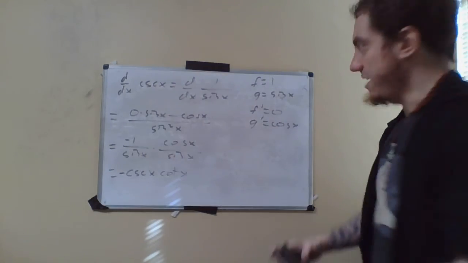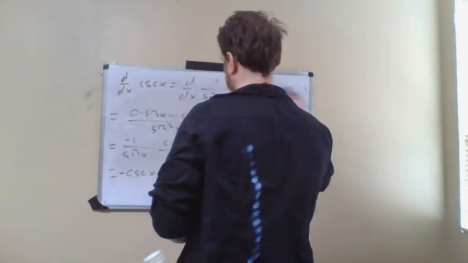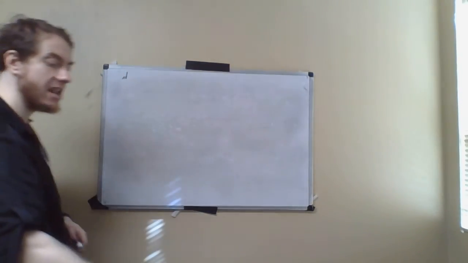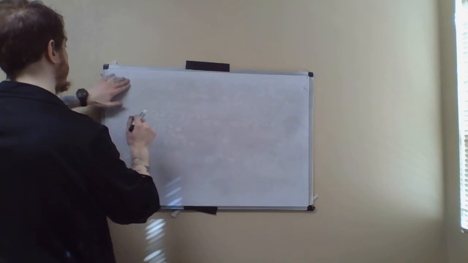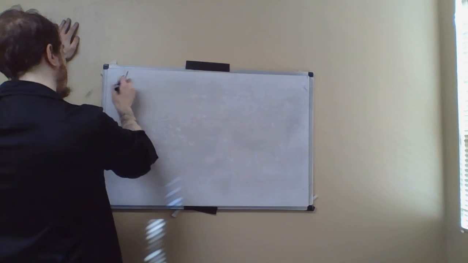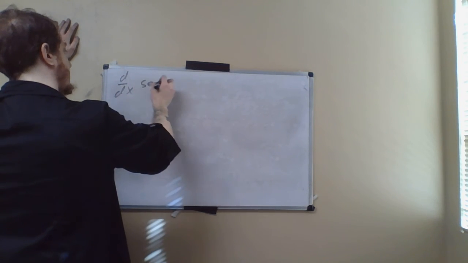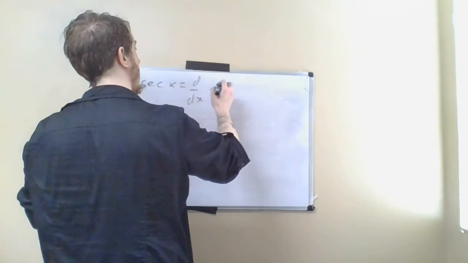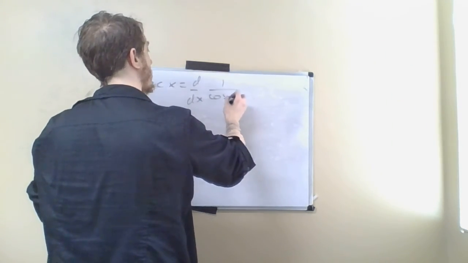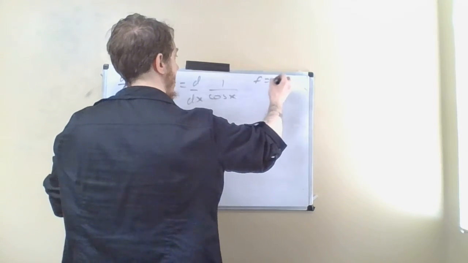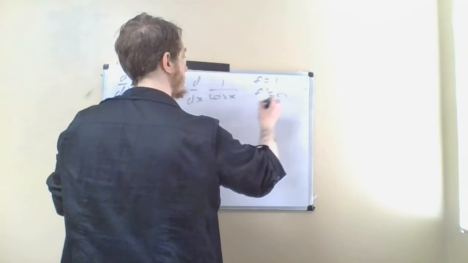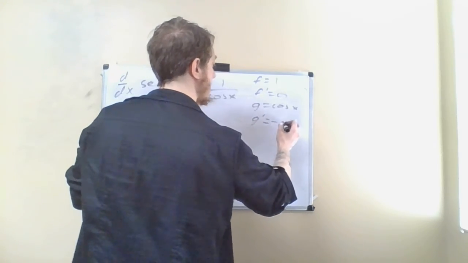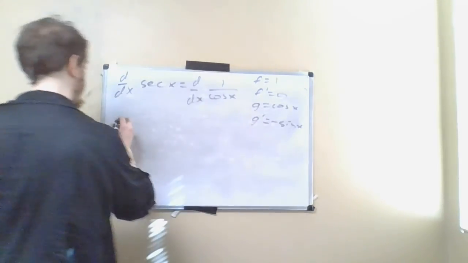What about secant? Well, secant works out almost the same way, except we're going to end up not picking up a negative, and we're working with tangents and secants instead of cotangents and cosecants. So the derivative of secant of x is going to be the derivative of 1 over cosine x. F equals 1, f prime equals 0, g equals cos x, g prime equals negative sine x.